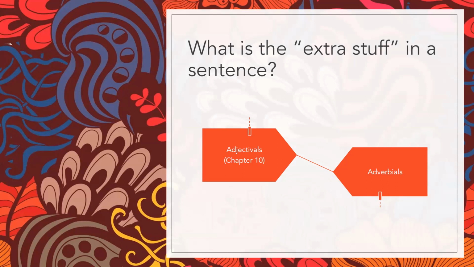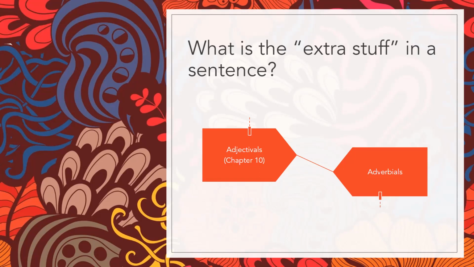They were all adding extra information about the verb. They weren't essential and necessary to have a grammatically correct, complete sentence in English, but it was extra. Adjectivals are working the same way. They are the extra stuff. They're adding some extra description or meaning, but they're not essential to have a complete sentence.